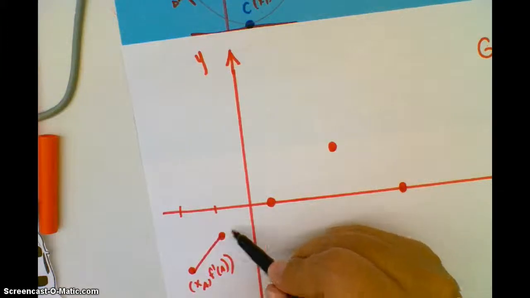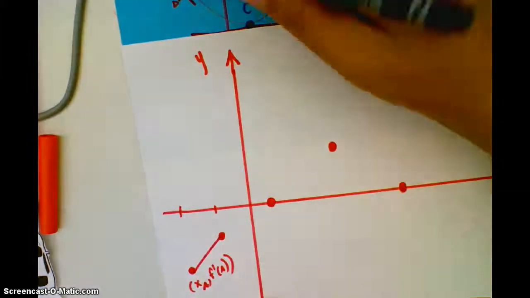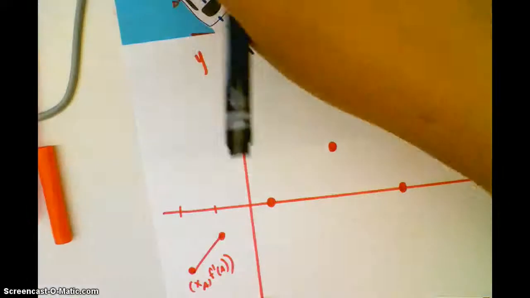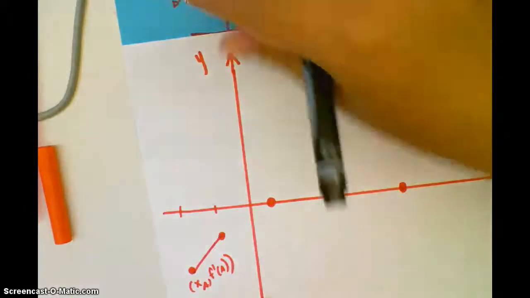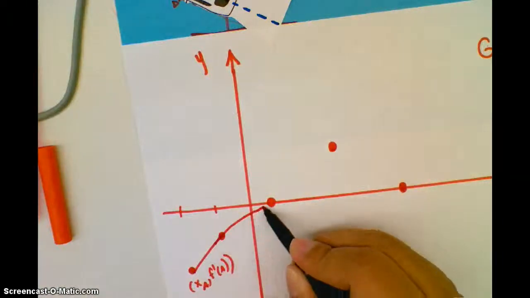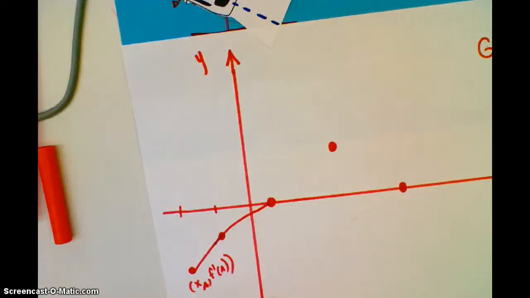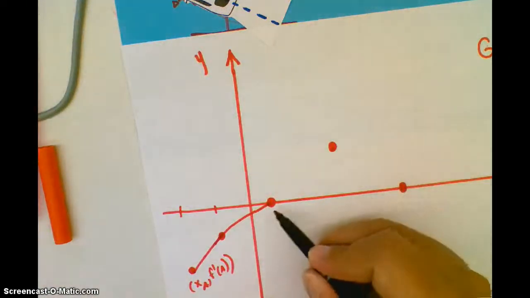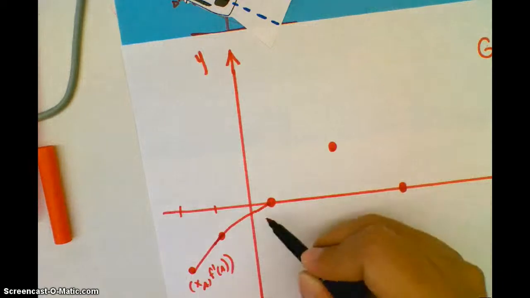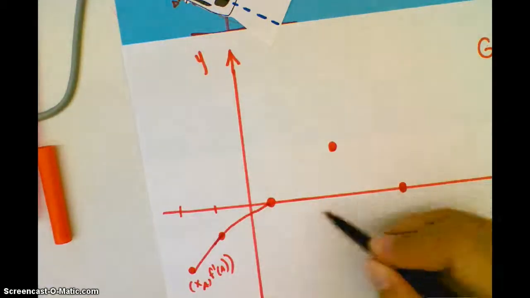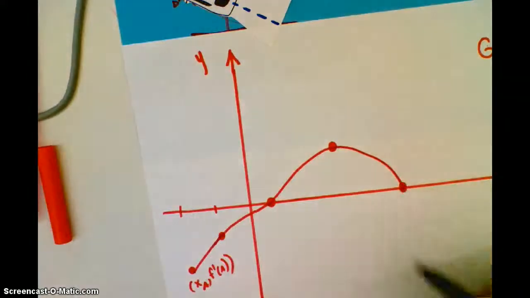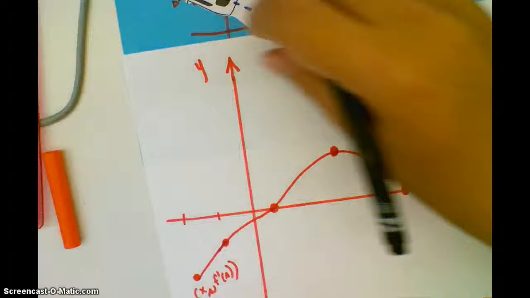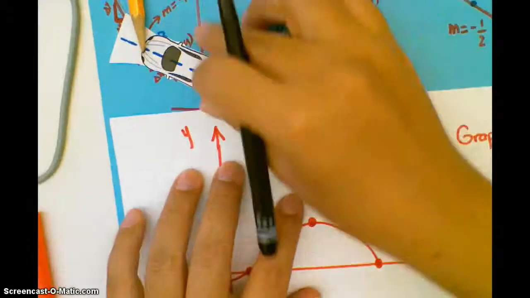Now what happens from -1 to 0? You can see that the slope decreased. Where's my car? Right here. The slope decreased until it became 0. So with a soft curve, it became 0. Okay, so what happens from C to E? When it went from 0 to 0 again, it went up, reached a highest value, and then went down. Let me go back to my little car.